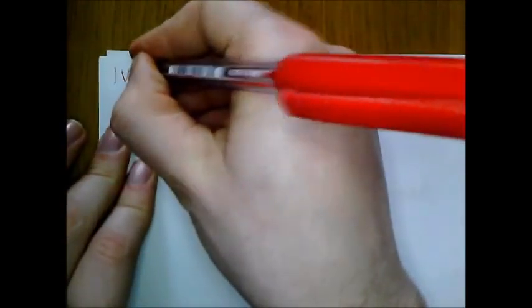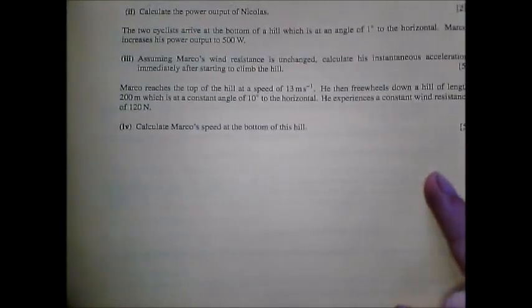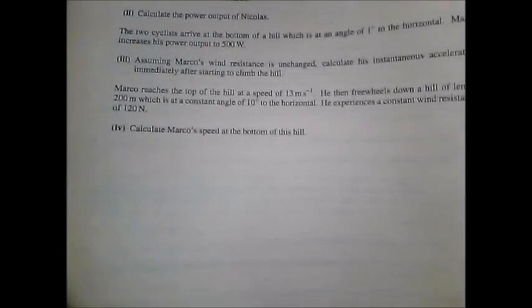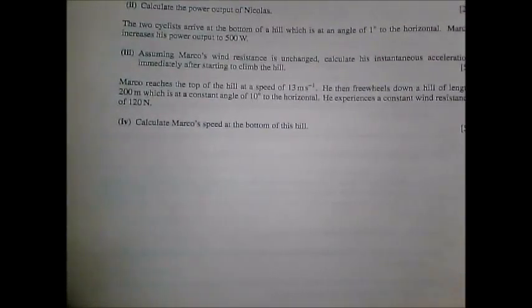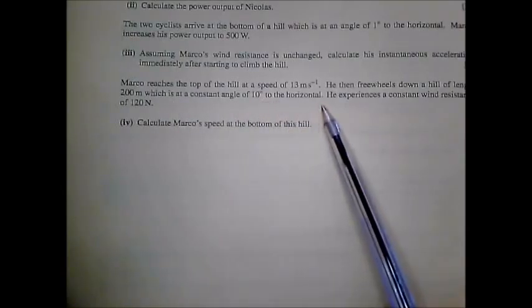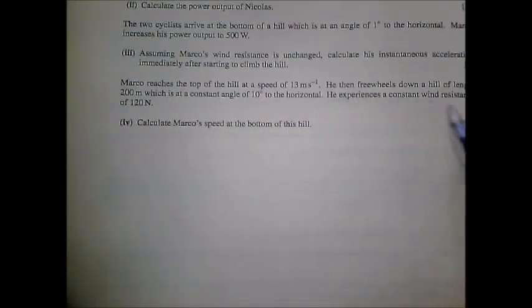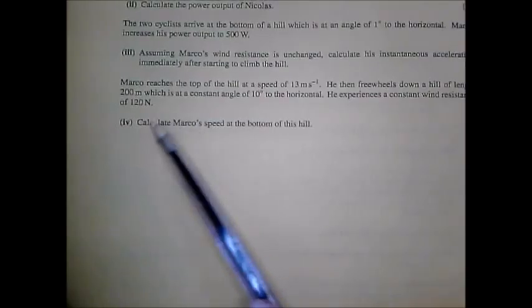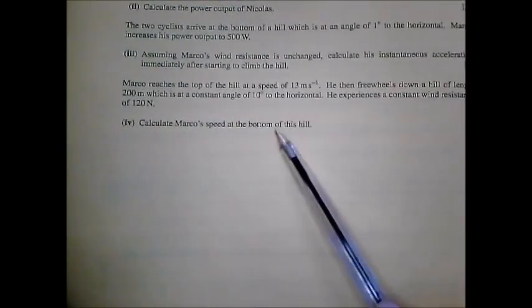Okay, let's look at part 4 now. So Marco's going to reach the top of the hill at a speed of 13 meters per second, and he freewheels down the hill, which is 200 meters long, and that hill is at a constant angle of 10 degrees to the horizontal, and he experiences a constant wind resistance of 120 newtons, and we want to calculate Marco's speed at the bottom of this hill.